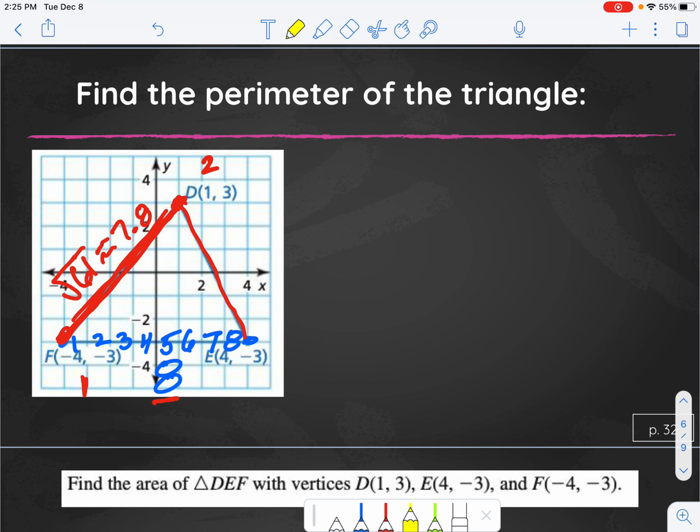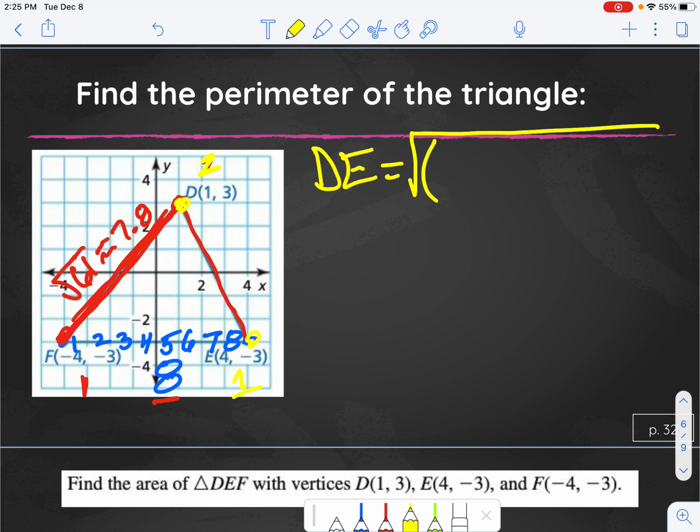Now, let's take a look at this other side. Right now we need to find from point D to point E. Again, I'm going to use my distance formula. I already have a 2 up here, so let's keep point D as my 2's and point E as my 1's for my x1 and x2.